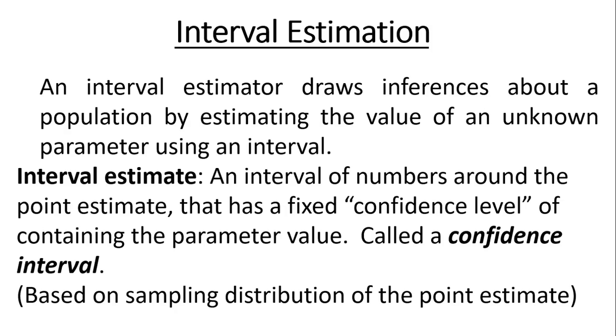So your mean can be said to be between so point and so point. And for every interval estimate, there is a confidence level. When the confidence level is implied, it becomes a confidence interval.